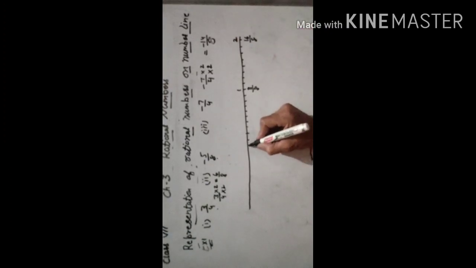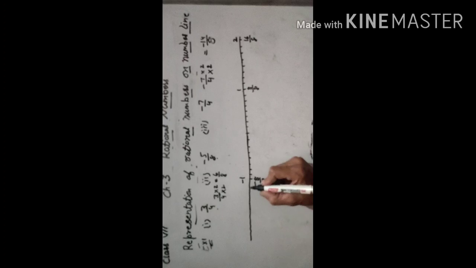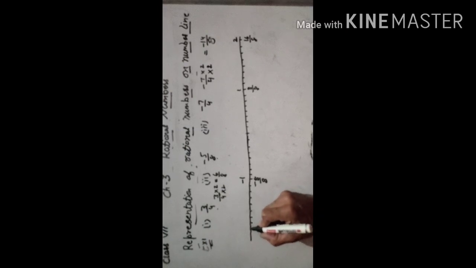Now the gaps between these are the same, this distance is equal to this distance. 1, 2, 3, 4, 5, 6, 7, 8, with -8/8 is -1. 1, 2, 3, 4, 5, 6, 7, 8, that is -16/8, means -2.